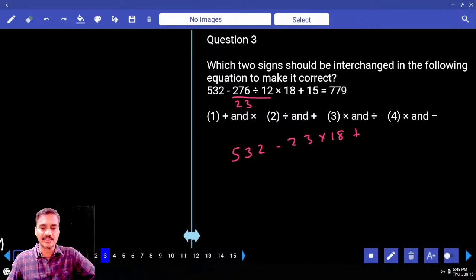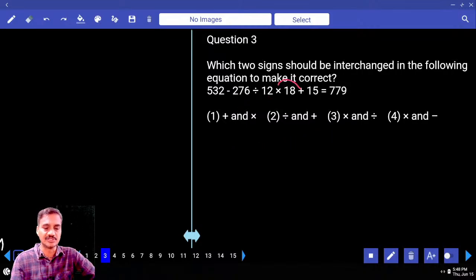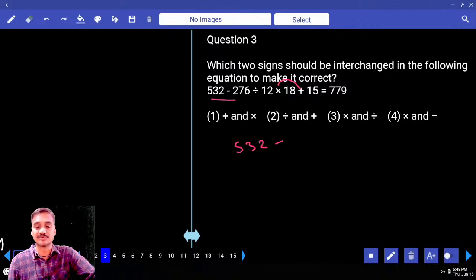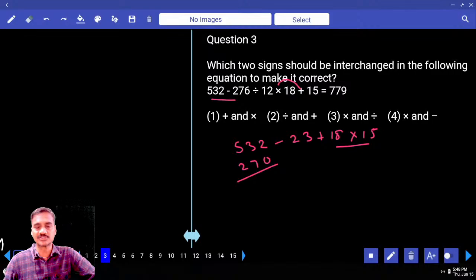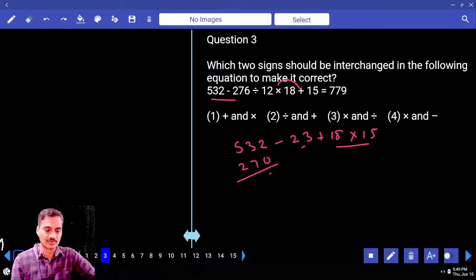Interchange. If plus and into are interchanged here, 532 minus 276 divided by 12 is 23, and 23 plus 18 into 15. 18 into 15 is 270, and 270 plus this one gives 779. Then the sum of these two minus 23. Clear?